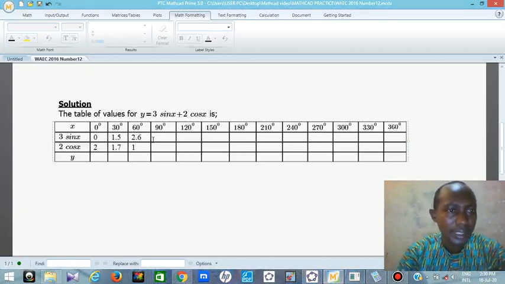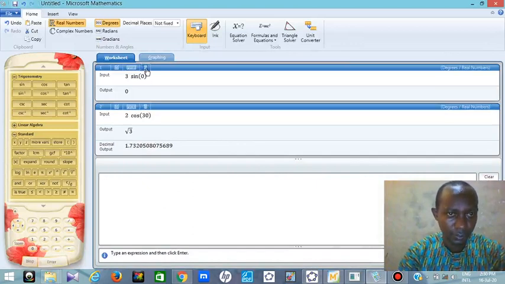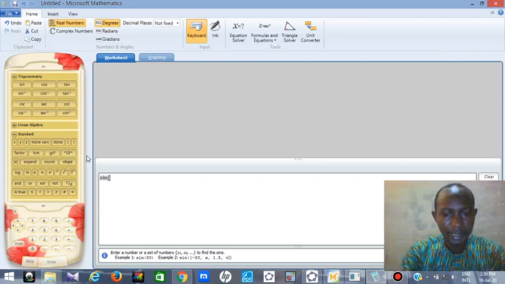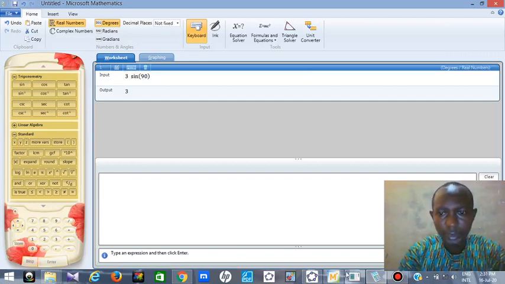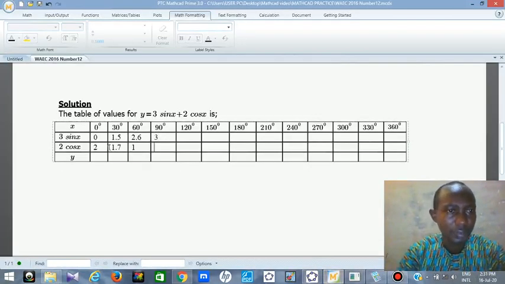Then 90, let's see sine 90, what it will give us when you check. So let's move. So I have sine 90. So this is 3 sine 90. This is 3. You put it down there, 3. Then in this place, 2 cos 90.